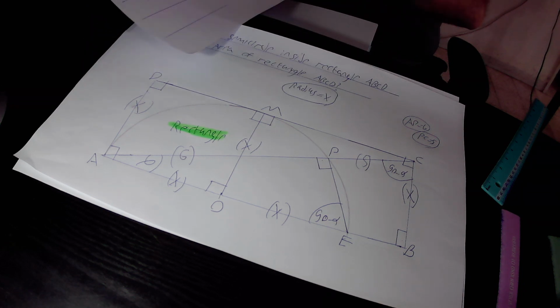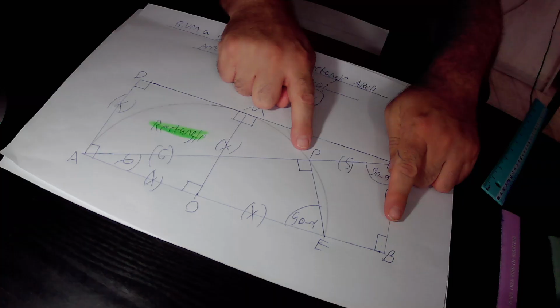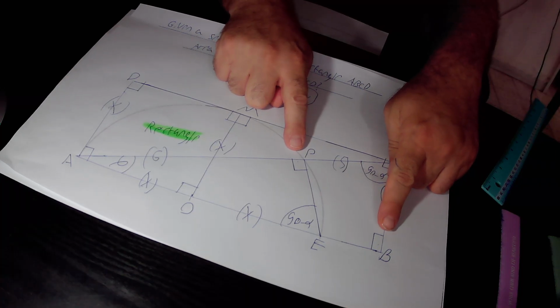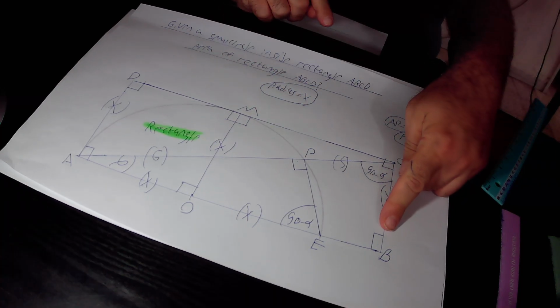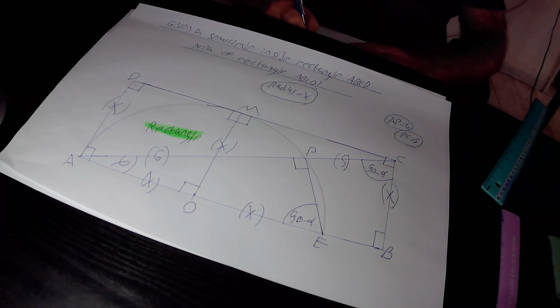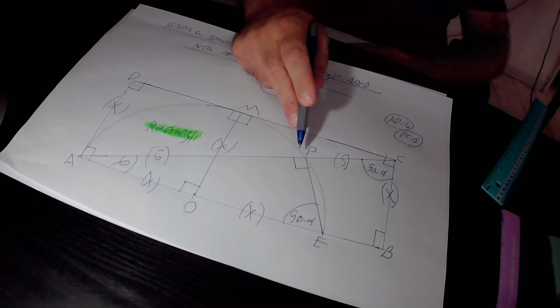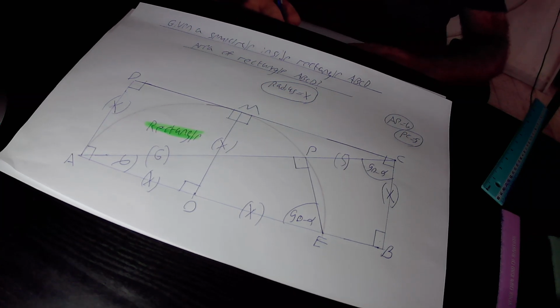In addition, those two angles are both equal to 90 degrees and therefore they are equal to each other. So actually this is angle ABC in the right big triangle ABC, and it is equal to this angle, this is actually angle APE, in the right small triangle APE.